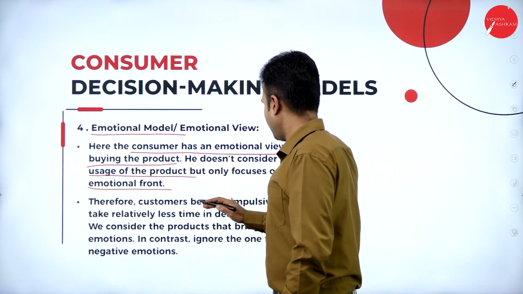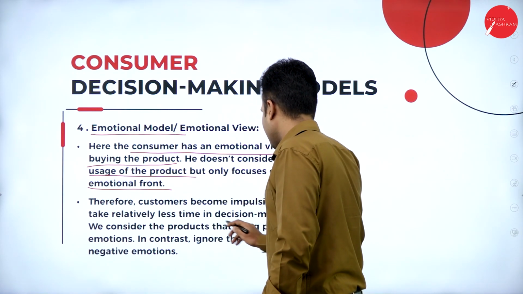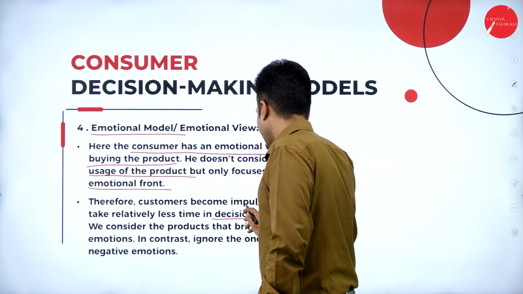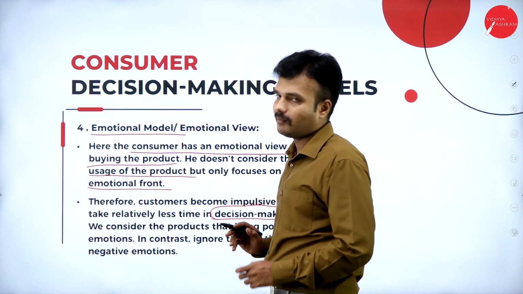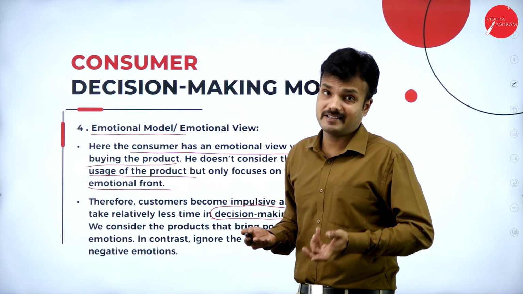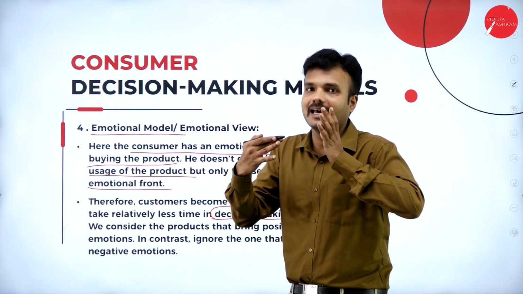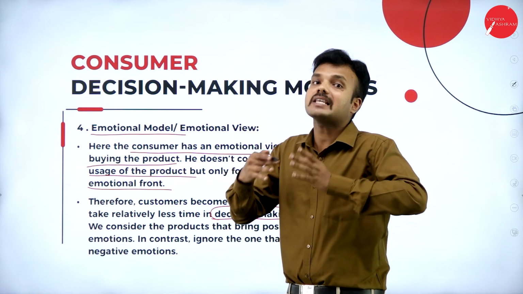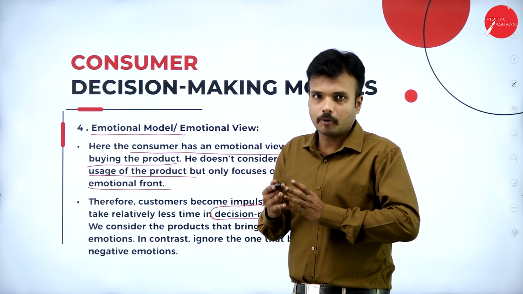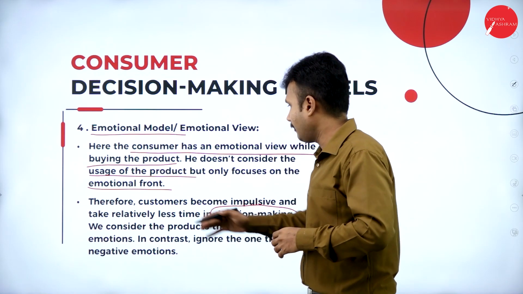So the customer becomes impulsive and takes relatively less time in decision making. Why does it take less time? Because the customer doesn't have a second option regarding the purchase decision. There is a single brand of product that he is emotionally connected with, and he will purchase that particular product, and he doesn't need any time to make the purchase decision.